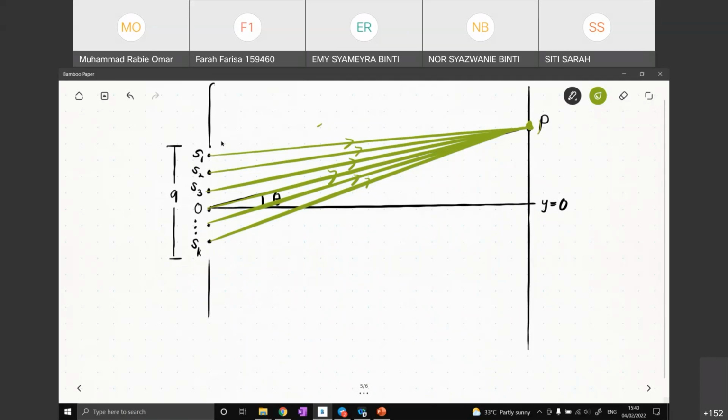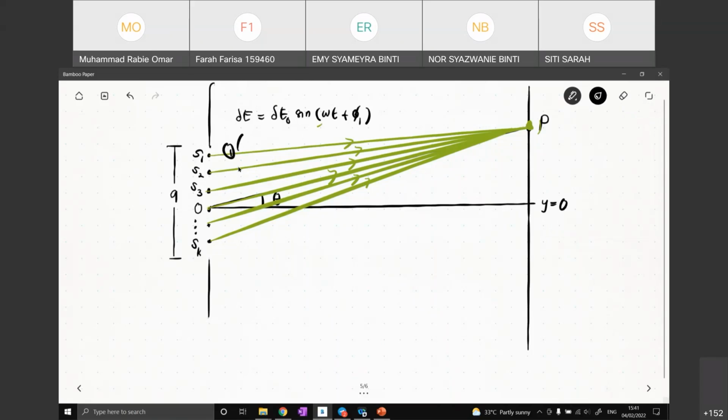So maybe we can write the light wave using this particular equation, delta E equals delta E naught sine omega t plus phi 1. So this is the phase difference for my first light ray here.